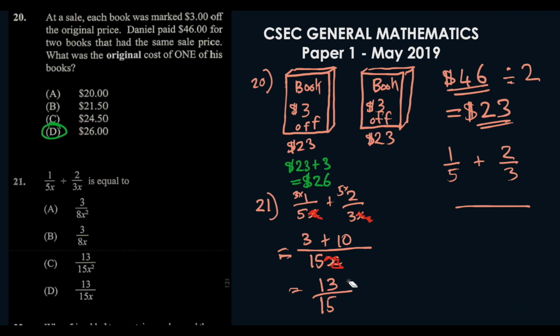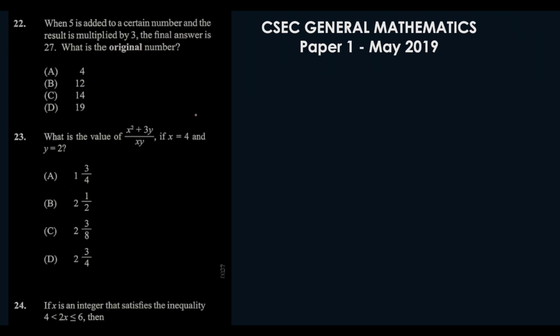And now, since we know that this was a common factor and was unaffected by anything here, we could say that this was 15x. So our answer would be this. So that's our answer.